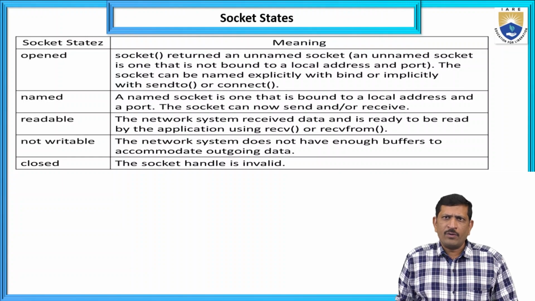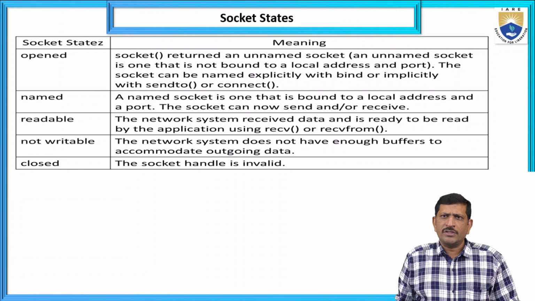Readable: the network system receives the data and it is ready to be read by the applications using the receive and receivefrom function calls. Not writable: the network system does not have enough buffers to accommodate the outgoing data. That is the not writable socket state.